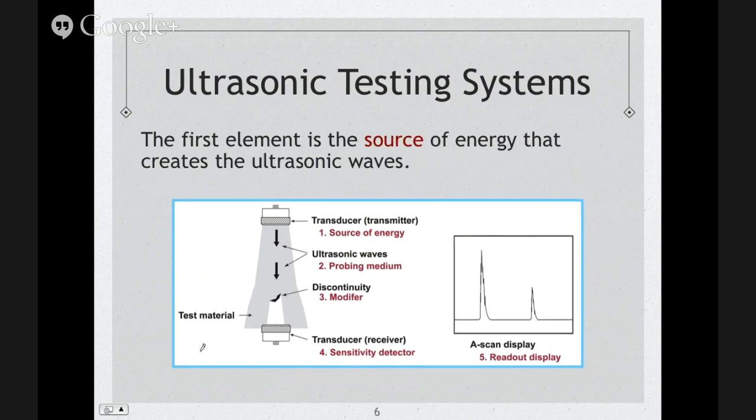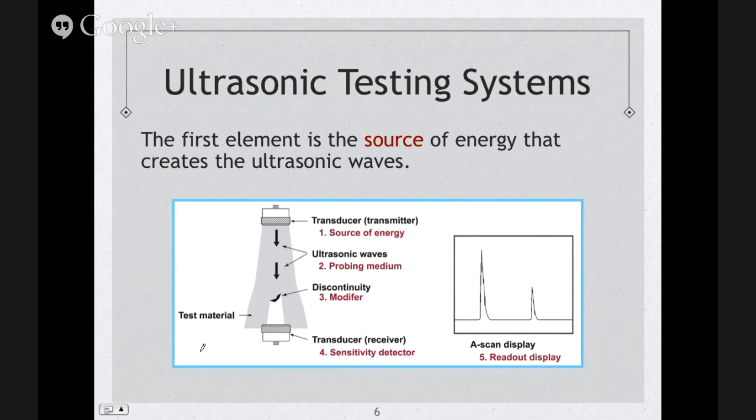So the first element is the source of energy that creates our ultrasound, and we know that in our case it is going to be the piezoelectric material in that transducer. We said that that piezoelectric material, when we apply a pressure to it, is going to vibrate, creating those ultrasonic waves.